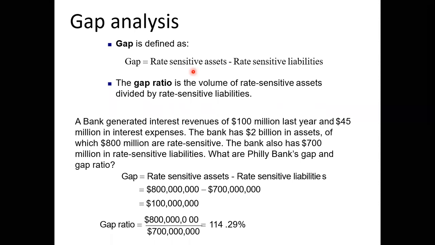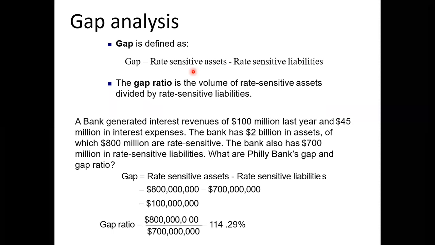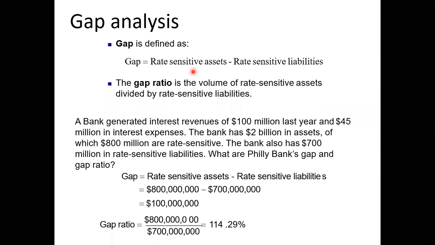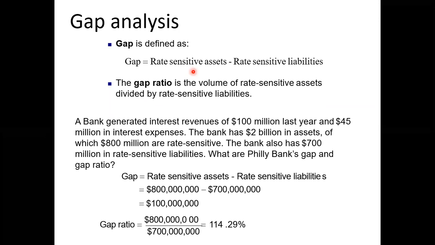If it is fixed at 10% until the maturity of the loan, its interest rate is 10%. A 10-year loan at 10% does not vary; the interest rate does not vary over the 10 years. So that long-term loan, especially a fixed one, is not a rate sensitive asset.